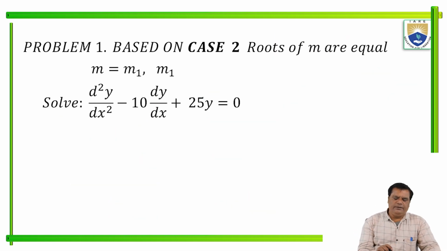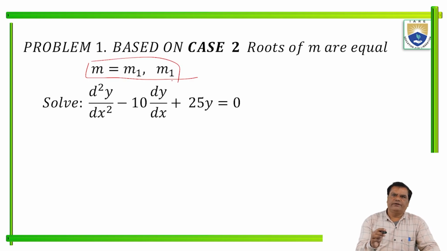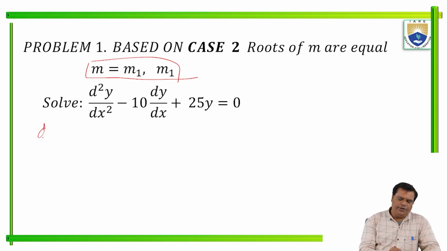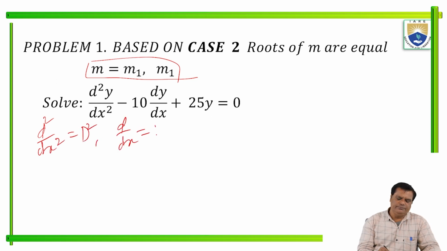Now problem 1 based on case 2, where the roots of m are equal. We are showing here roots are equal, but in case 1 roots are different. So here I am taking the differential equation d²y/dx² - 10 dy/dx + 25y = 0. Here d²/dx² is D squared and d/dx is D. This is equation 1.